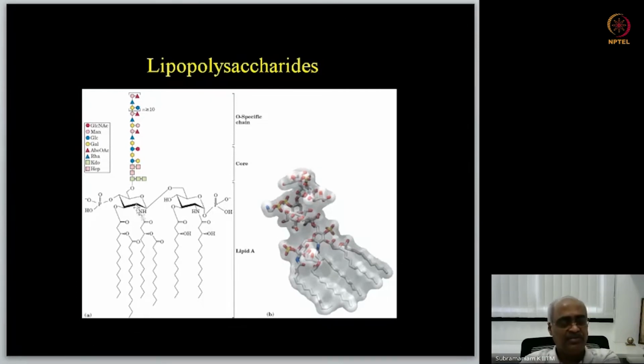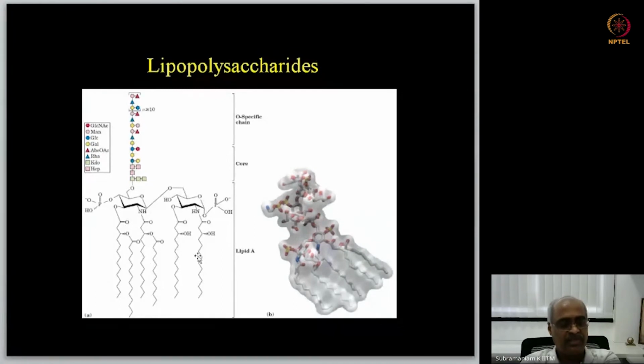Here you have this N-acetyl group. And instead of uronic acid, a carboxyl group or a sulfate, here you have phosphoric acid attached. That is all. Otherwise it is just a regular N-acetyl glucosamine, and this is another N-acetyl glucosamine, and they have multiple fatty acid moieties attached.